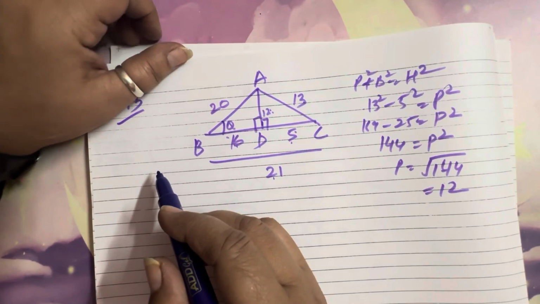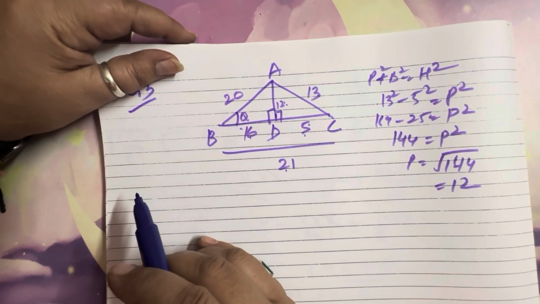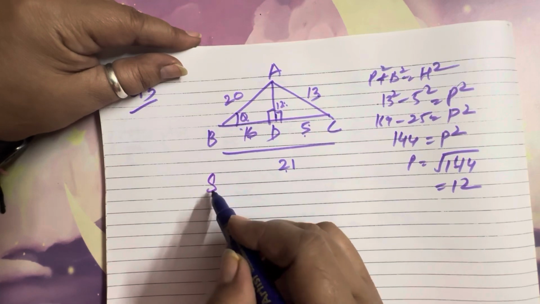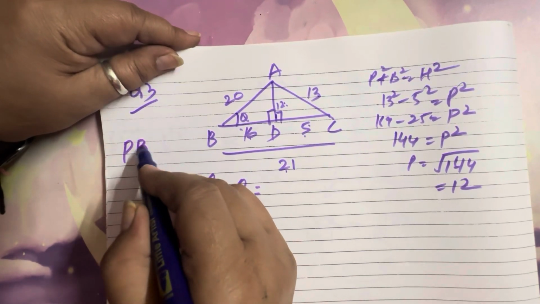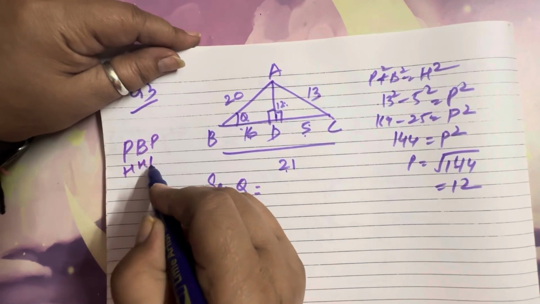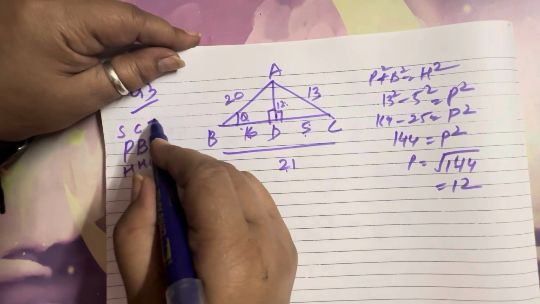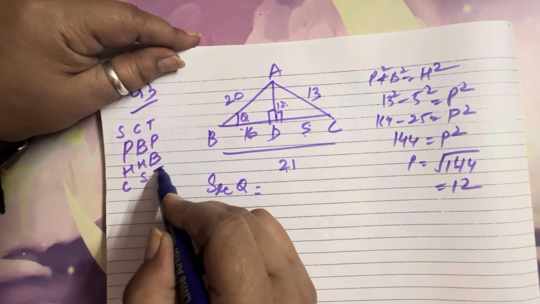Now we have to find the value of sec theta. Sec theta, we again write down Pandit Badri Prasad har bole. Here it is sin theta, cos theta, tan theta, cosec, sec and cot theta.